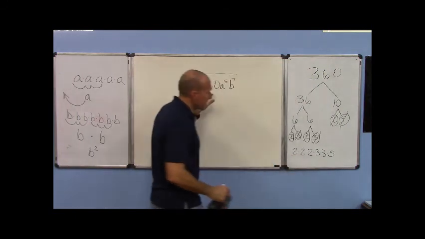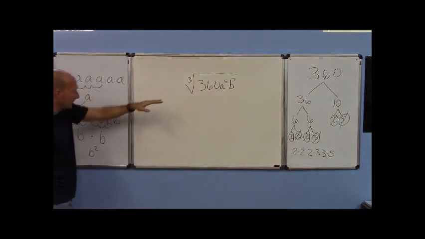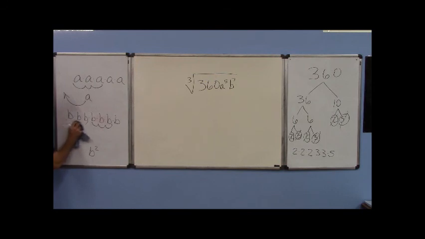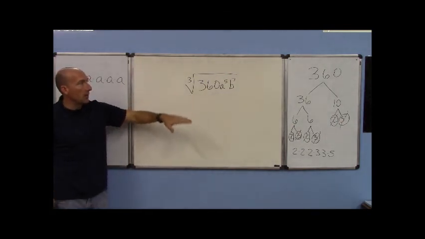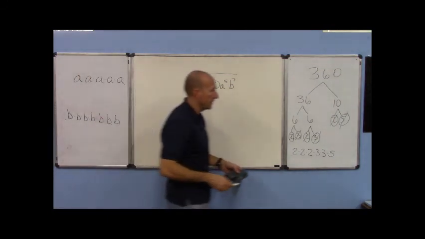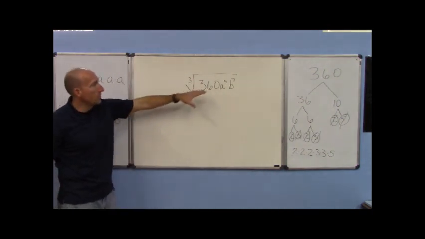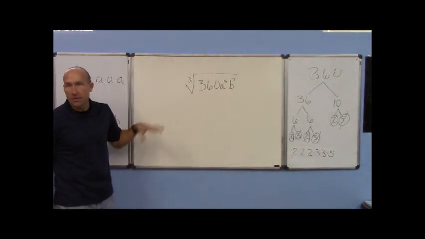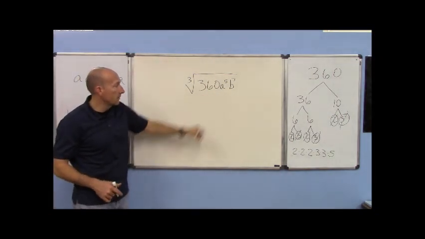We have our 360 factored out, our A's factored out, and our B's factored out. Let's take this radical form and turn it into exponential form. Okay, but factored out. So we'll deal with the number here in just a minute because it's a little bit more complicated and we're just now learning this. So let's get the letters down.